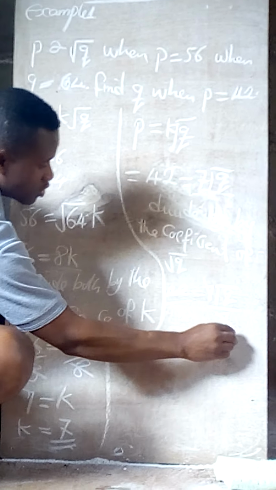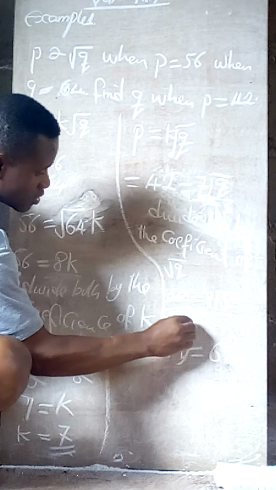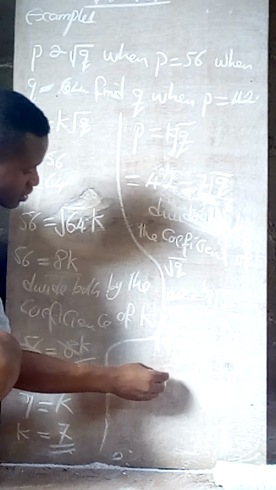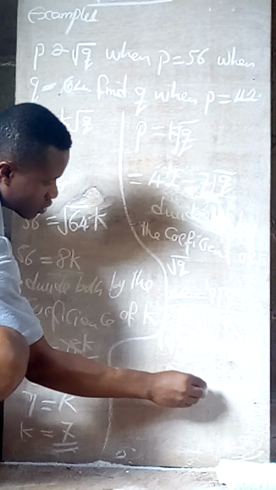How do you know Q? Square both sides. Square cancels the square root. Then Q equals 36.